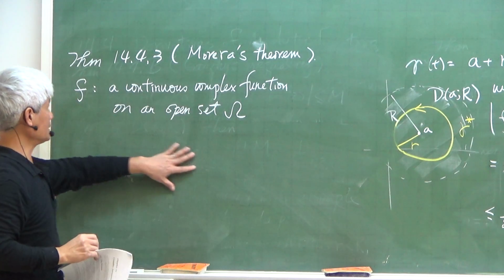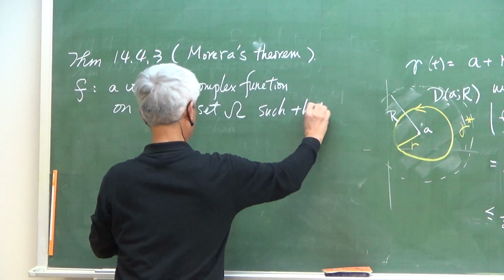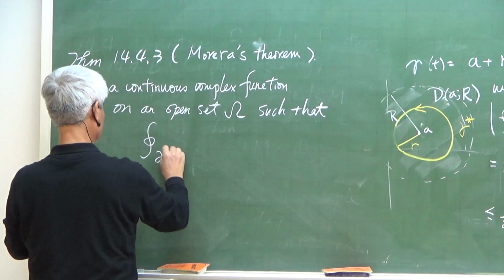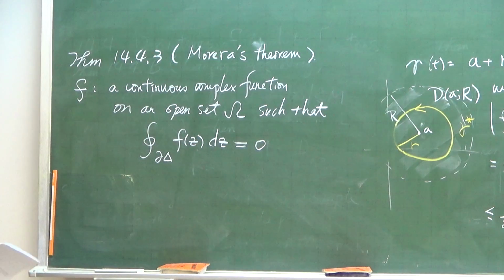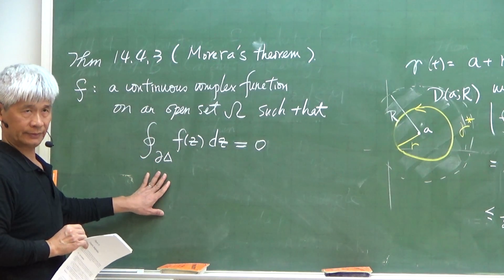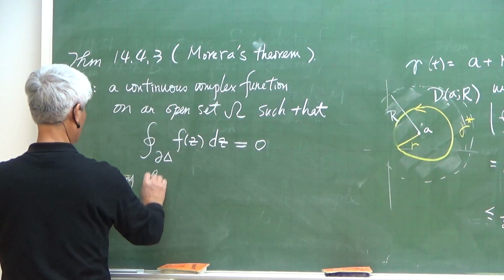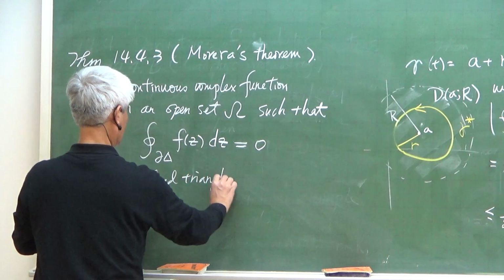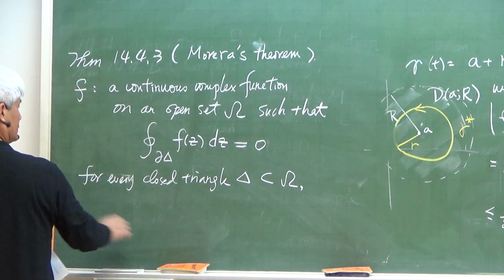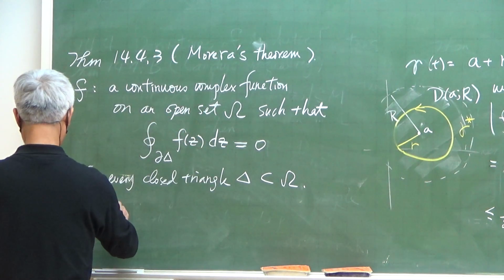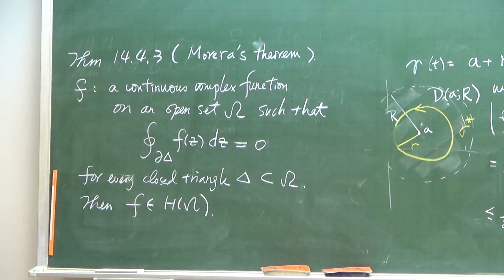So omega is an open set and f is continuous on it, such that we have the complex integral along the boundary of a triangle equal to zero, for every closed triangle contained in omega. Then f is holomorphic.